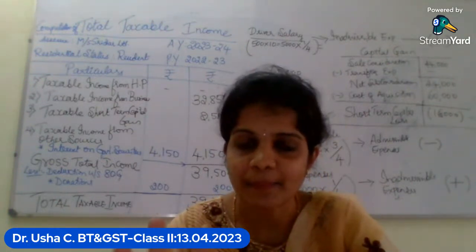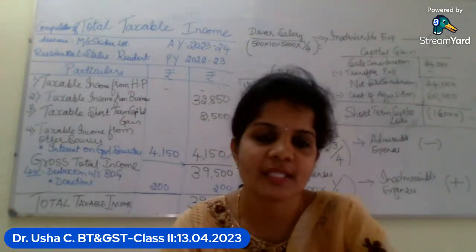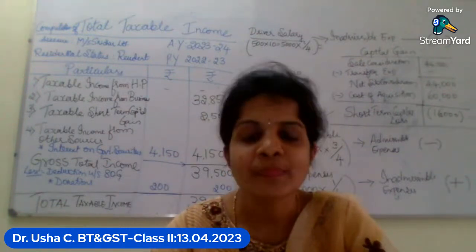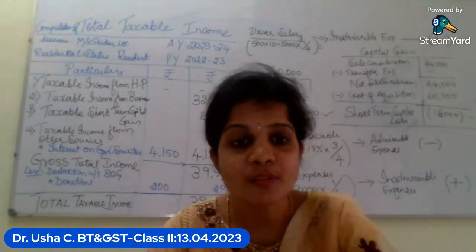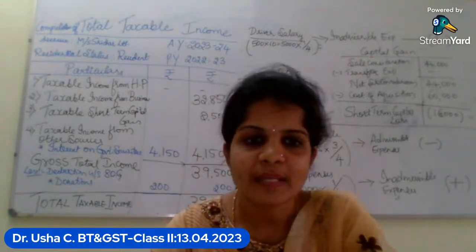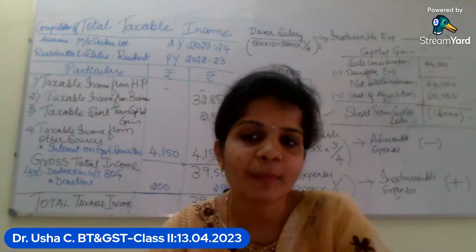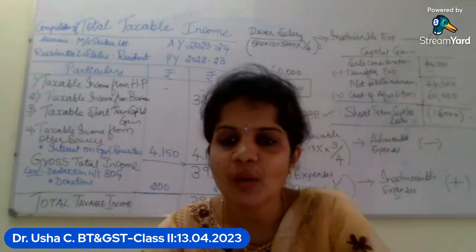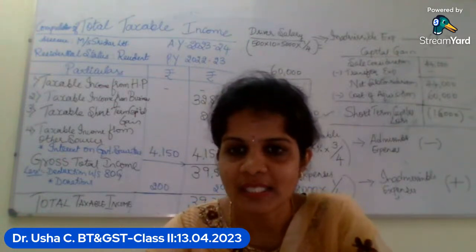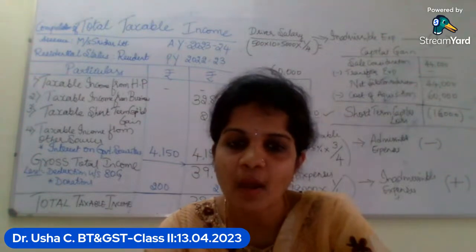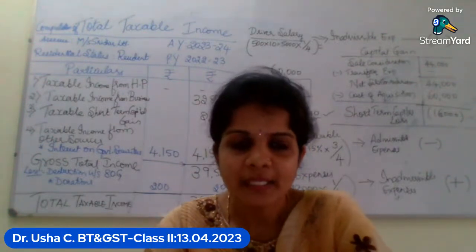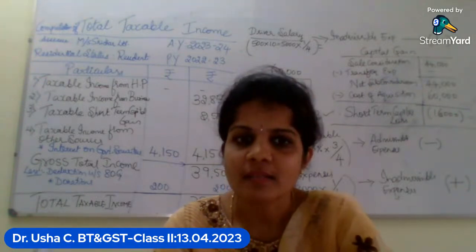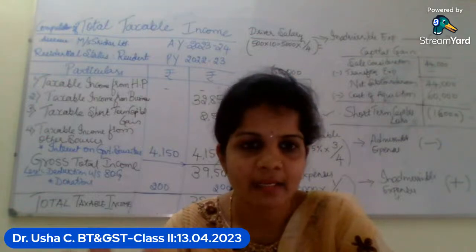Short-term capital loss of 16,000 can be adjusted, but that is set off and carry forward, which I will discuss later. Then you also have to calculate the house property income. Here the rent from house property is given, meaning whatever rent they are receiving, 36,000.